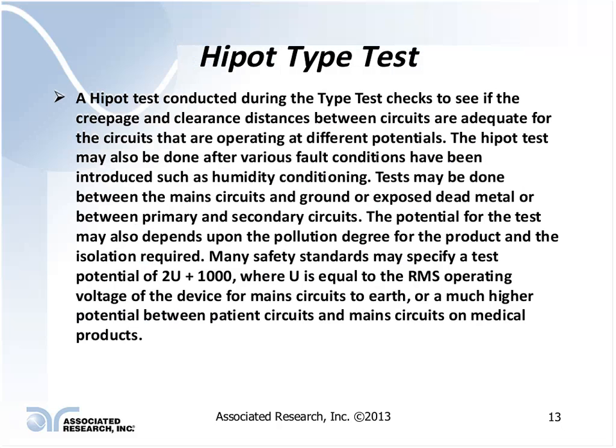The Hipot type test, when we're doing a type test on a product, you're going to see some variations depending upon the safety standard, but the common type test potential between the main circuit and the chassis of the instrument is normally done for a 60-second period.